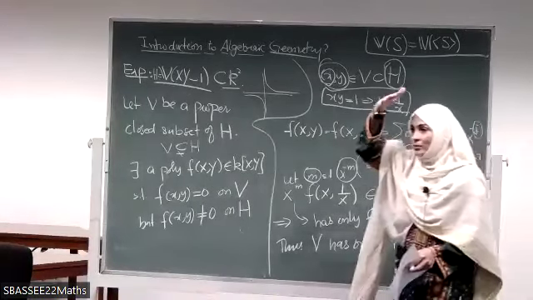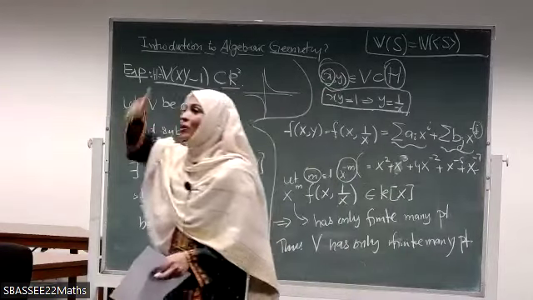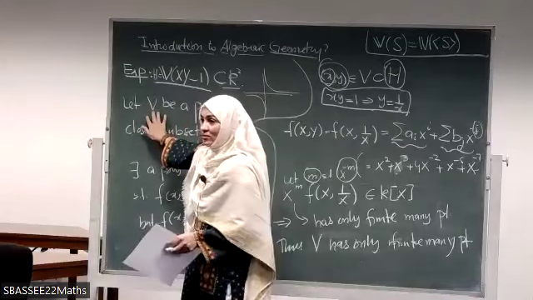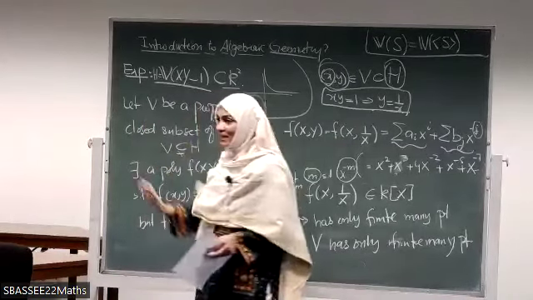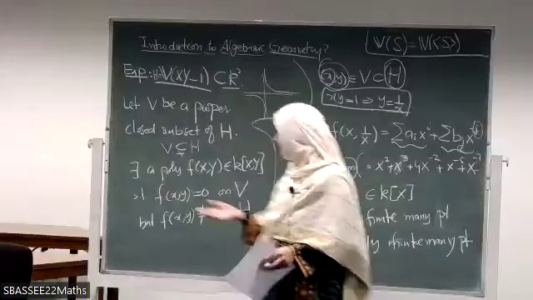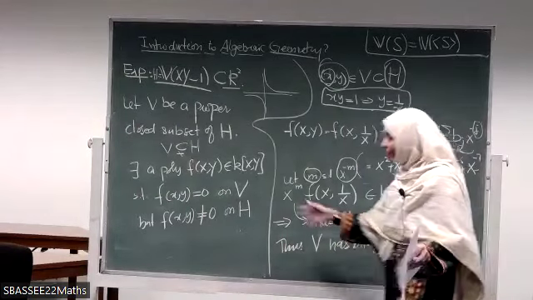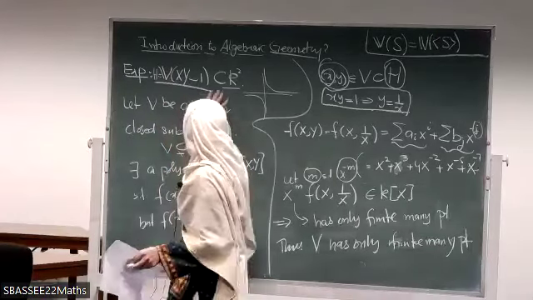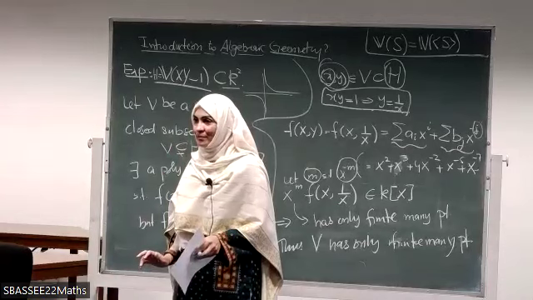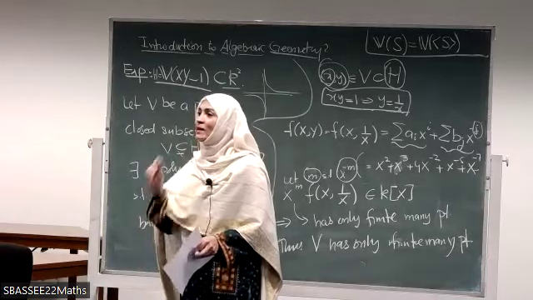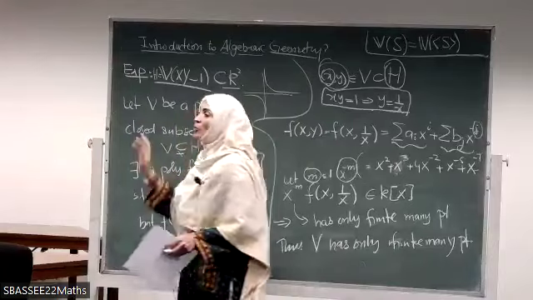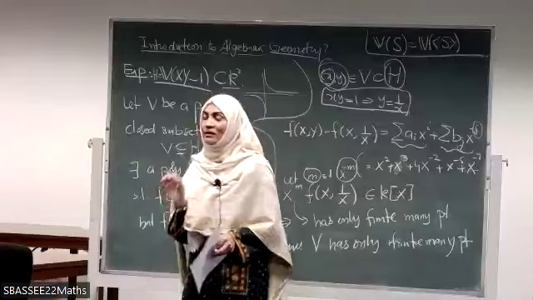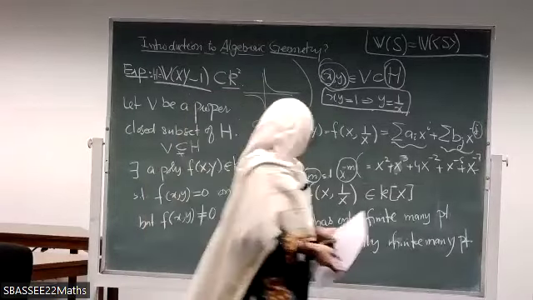Now think about that one: can you write your H as a finite union of these proper closed sets? If you can, then definitely you have finitely many points, and a finite union gives you just a finite set, which is impossible because H contains infinitely many points. So this means that H cannot be written as a union of proper closed sets. So that's why it is irreducible, right?